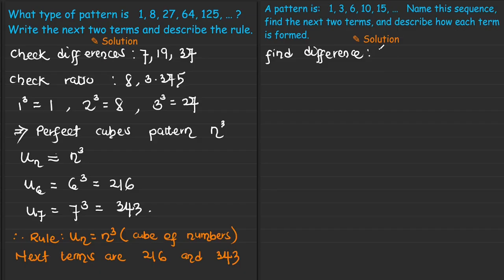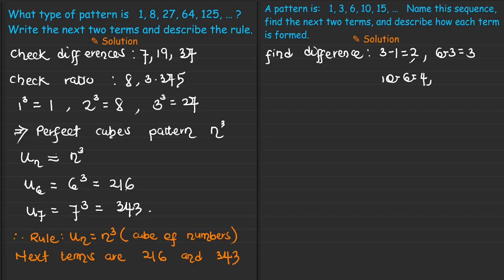So finding the difference, we have 3 minus 1, which gives us what? A 2. Then we can go for 6 minus 3. 6 minus 3 also gives us what? A 3. Then we can also say 10 minus 6. So 10 minus 6 gives us a 4.